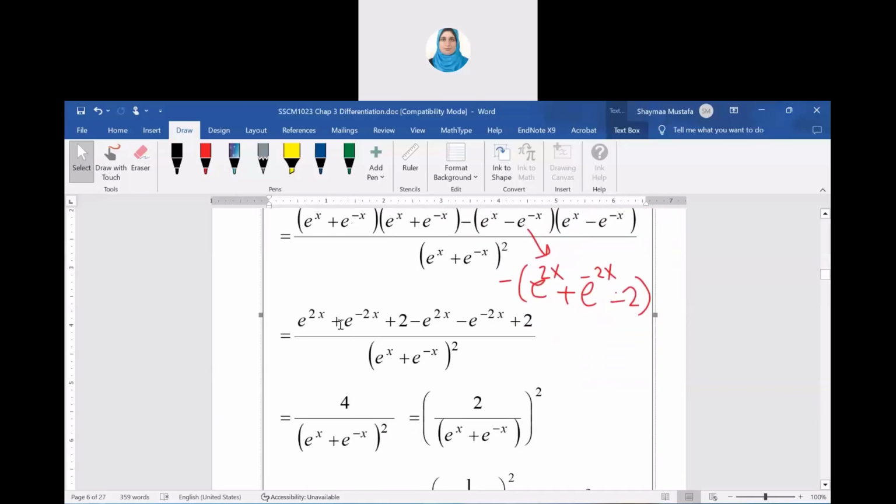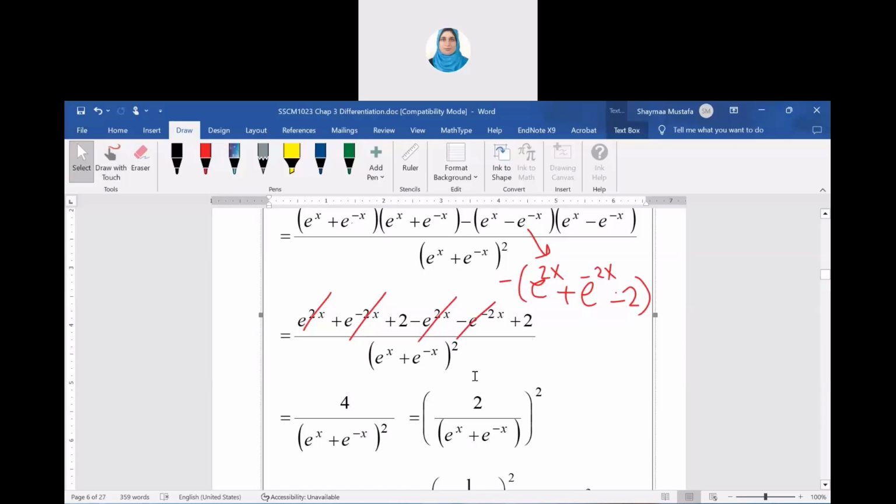Now exponential 2x here will be cancelled with minus exponential 2x. Exponential minus 2x will be cancelled with minus exponential minus 2x. 2 plus 2, we have 4.